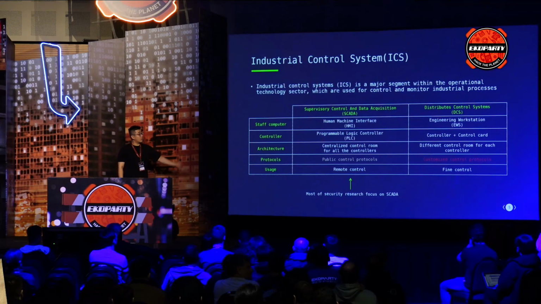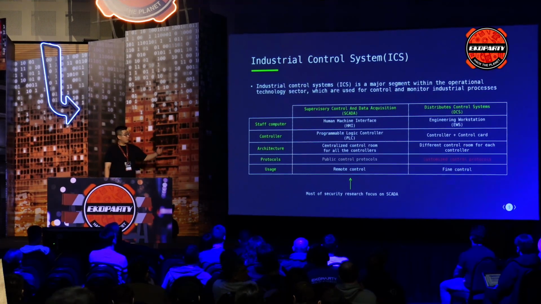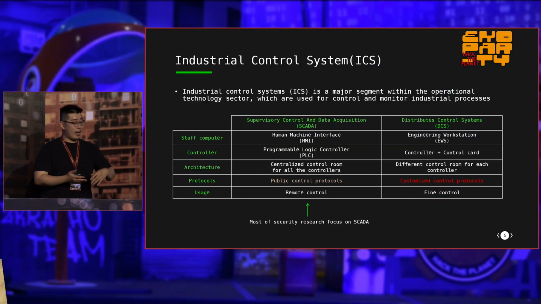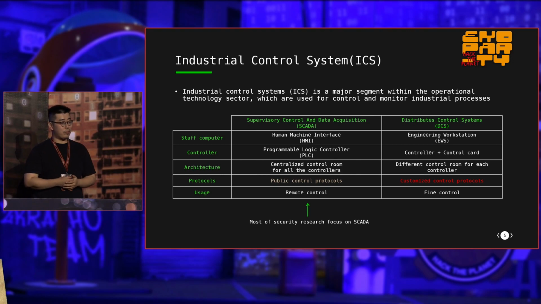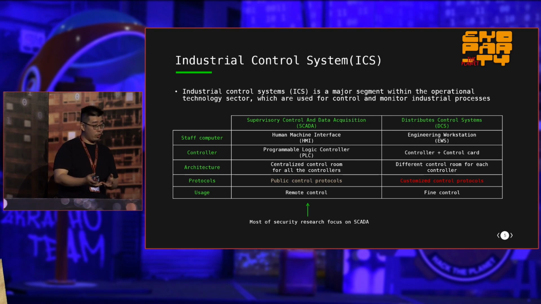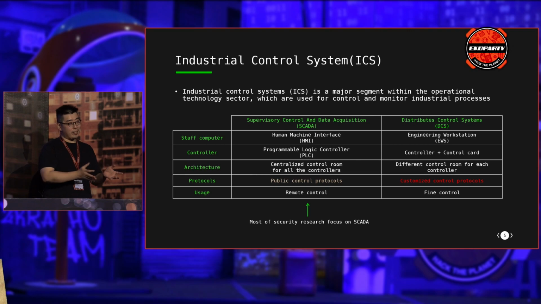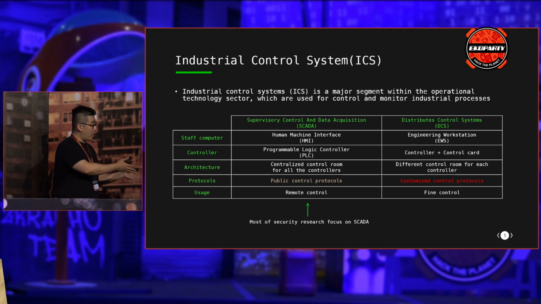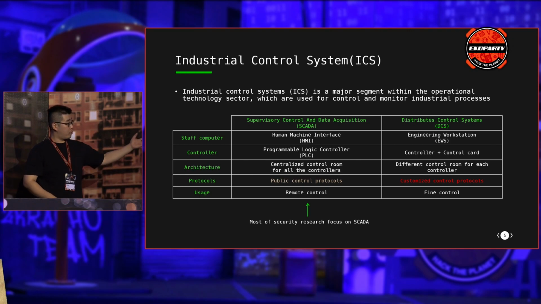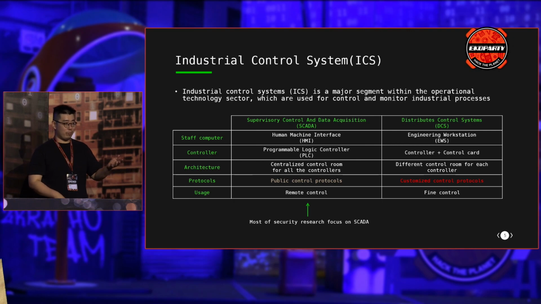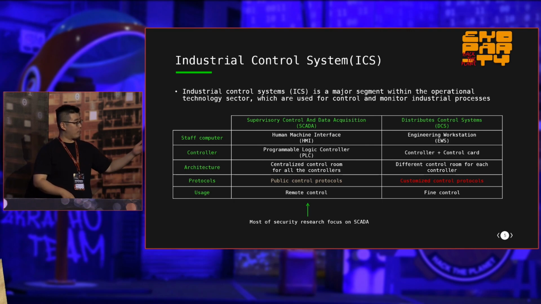An industrial control system is used to control and monitor industrial processes. There are two important parts inside. One is DCS, which is more focused on fine control, and it has customized protocols, depending on the vendor. The other part is SCADA, which is used for remote control, and I think most of you have heard about PLC.